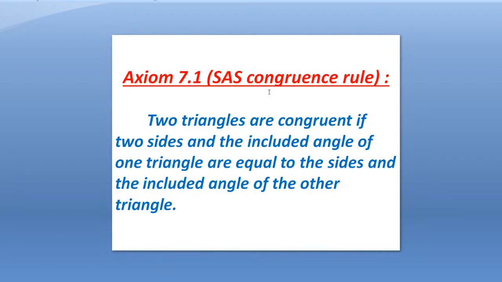And this is known as side angle side congruence rule or axiom 7.1. Two triangles are congruent if two sides and the included angle of one triangle are equal to the sides and the included angle of the other triangle.